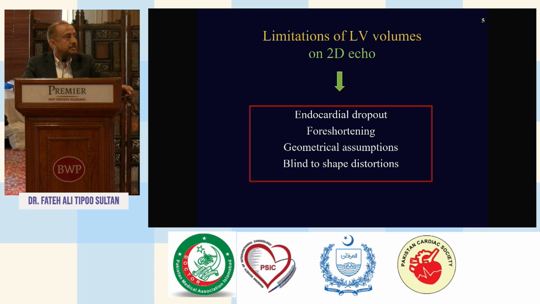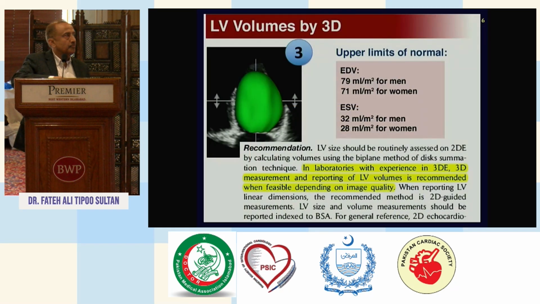Especially this would not be very applicable in patients with segmental wall motion abnormalities. There may be foreshortening of the LV apex, and the endocardial border may not be very clear. So if you take the 3D image for assessing the LV volumes, that would be more accurate and more reproducible, and that correlates more with the gold standard of LV volumes by CMR.